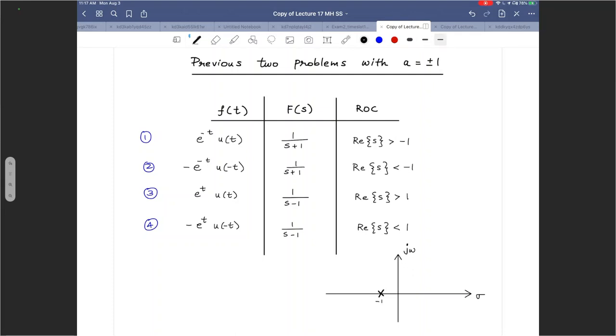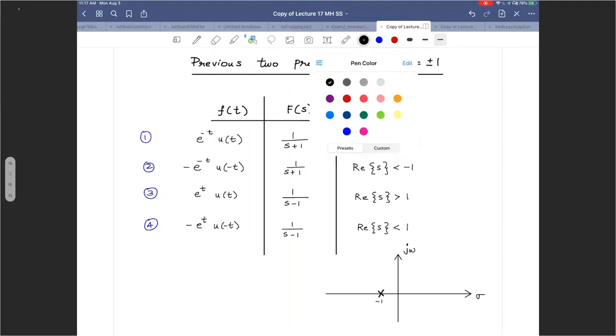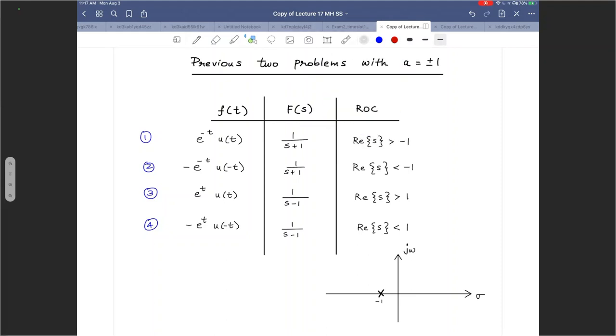Then my region of convergence is real part of s greater than negative 1. So I would draw a vertical line, an imaginary vertical line, maybe in a light gray, right here.